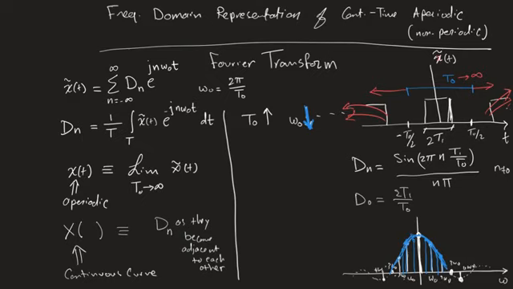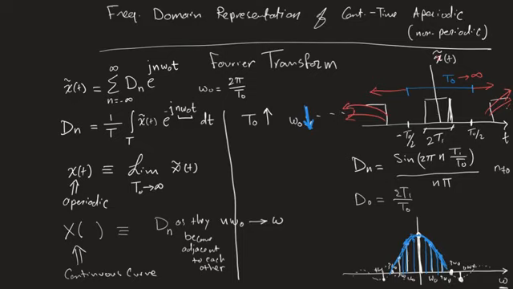So when we talk about d, we talk about d as a function of n, where n is which multiple of omega naught. Now, as omega naught becomes very small, n omega naught becomes the continuous frequency, tending to a continuous frequency value omega.